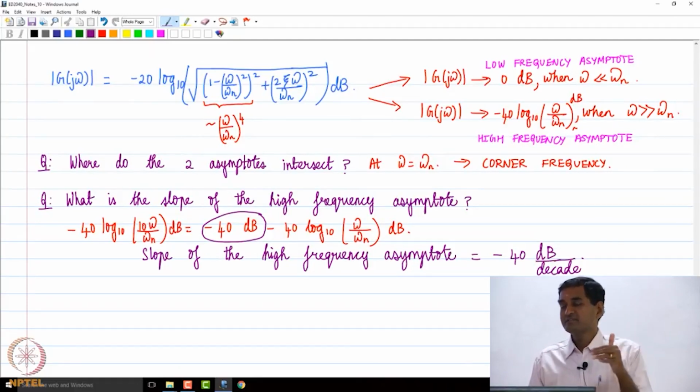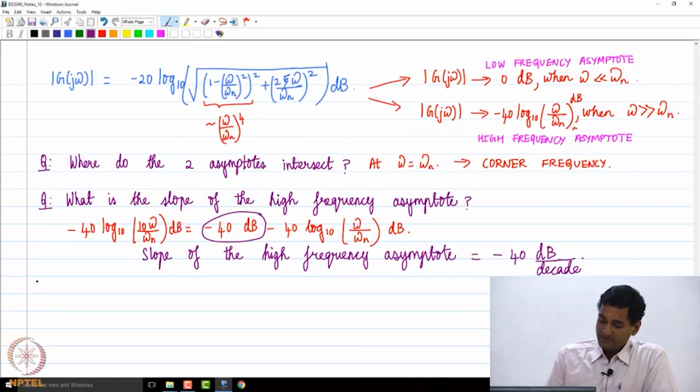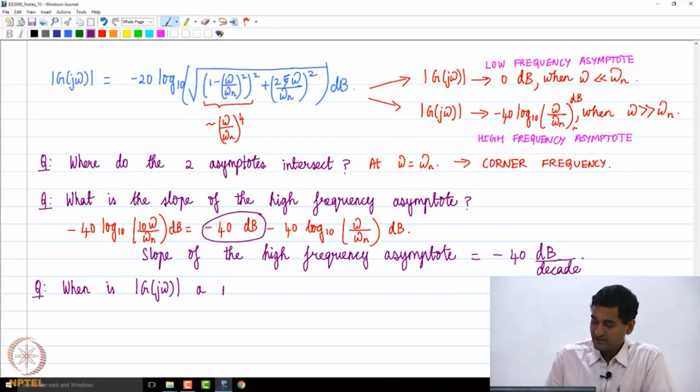Please note that as frequency increases, the magnitude decreases like minus 40 decibels per decade. Okay, that's important. Now another question which we are going to ask ourselves is, when is the magnitude of G of j omega a maximum?